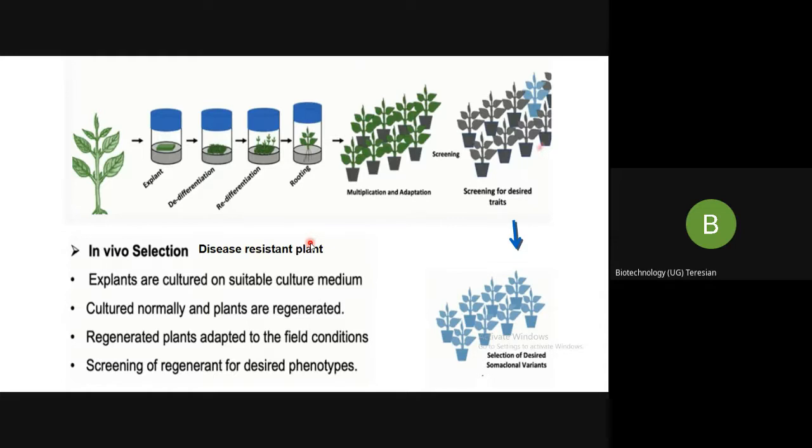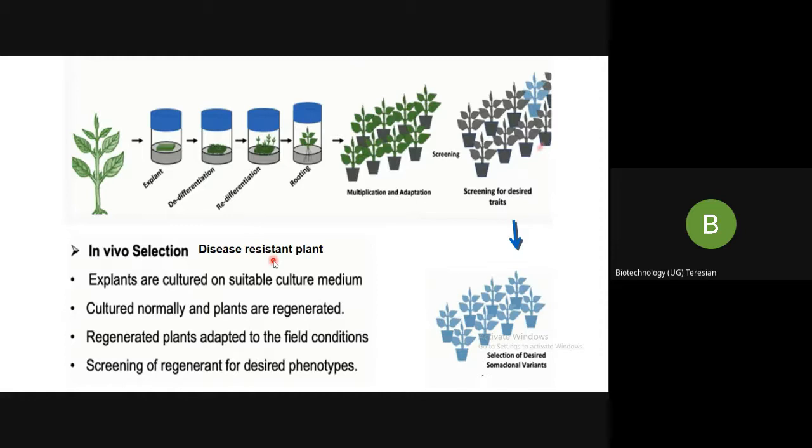So the first one we shall see is in vivo selection for a disease resistant plant. Here, selection of your disease resistant plant is done after in vitro culturing.